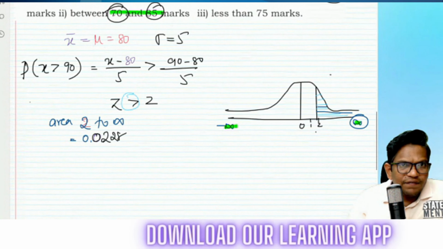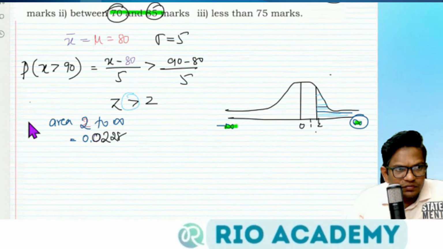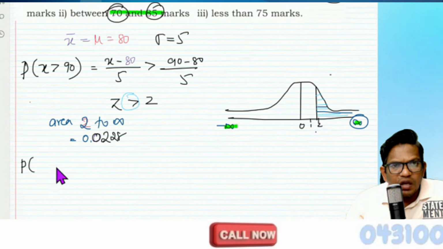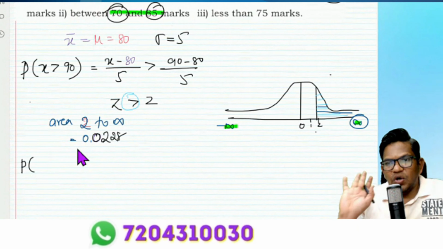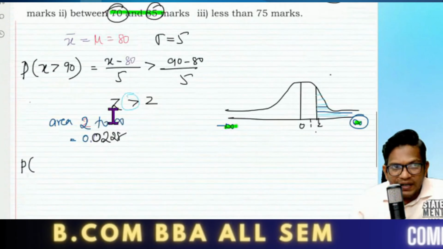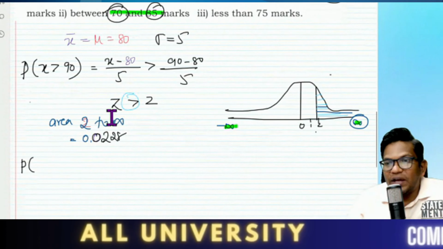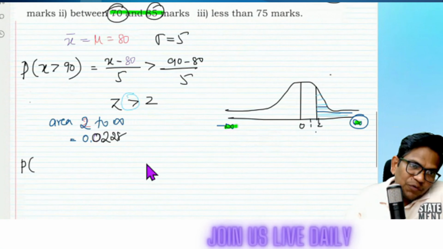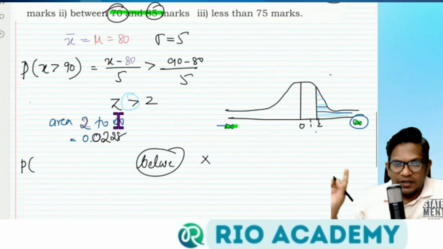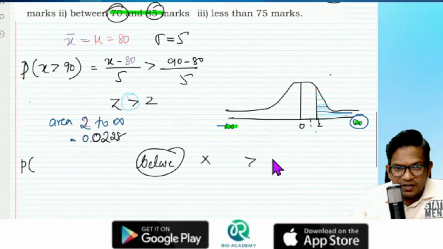This one we have. So after this, you were doing some 1 minus something. We should not do that here. Very important point. I'll explain when we should do 1 minus. If you get between, no 1 minus. If you get greater, no 1 minus.